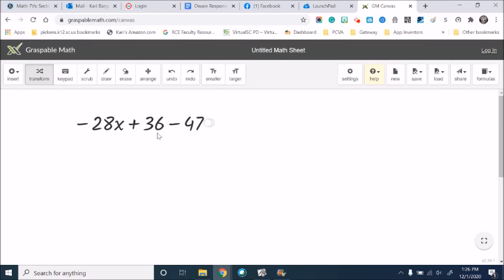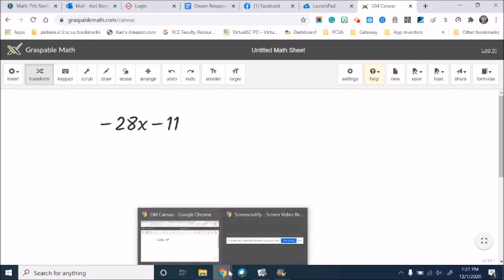I know that 36 and minus 47 are constants, so they are also like terms. So I can drag the 36 over to the 47, and again, it magically does all the math for me. But you do have to know how to drag it. So this is just another tool that you could use as you're working on these. In Odyssey, you could pop over to this website and see if you got the answer correct.